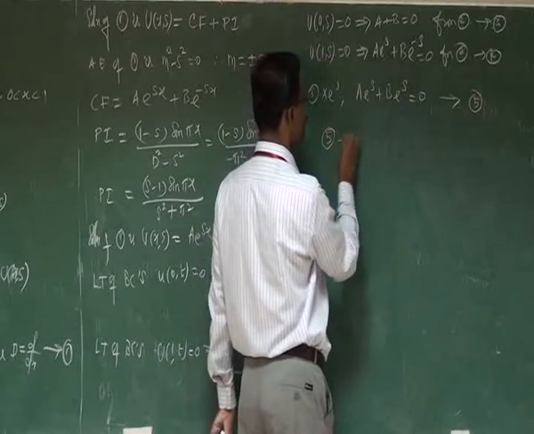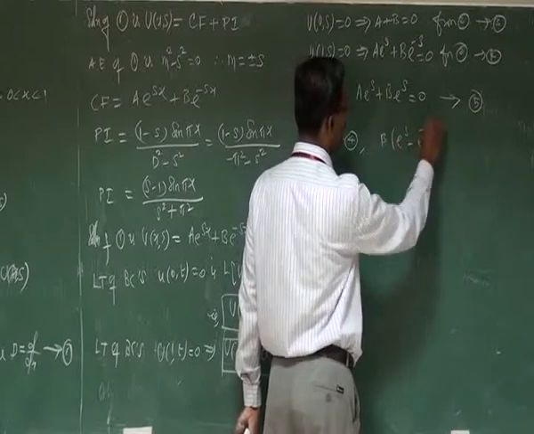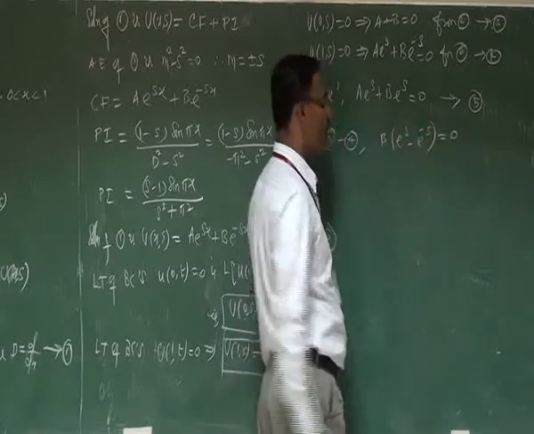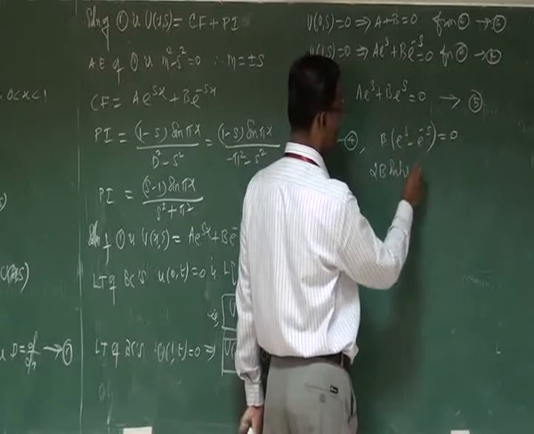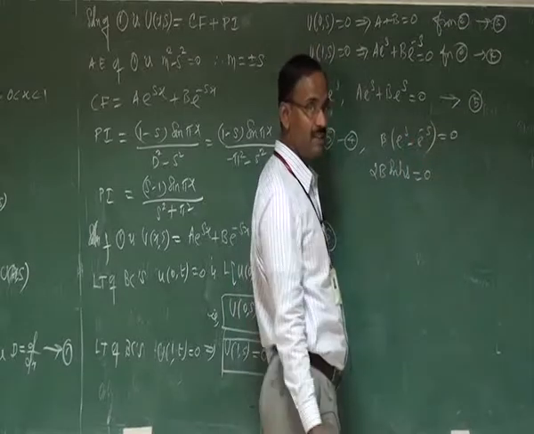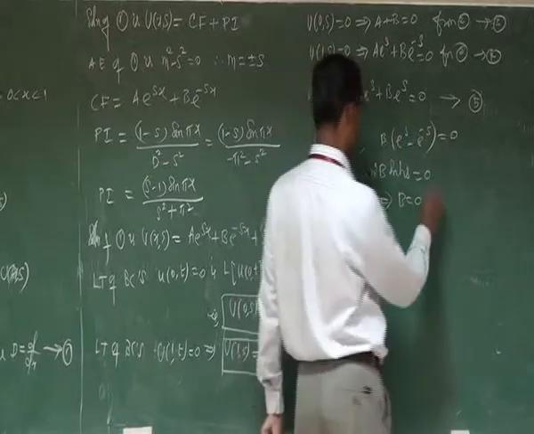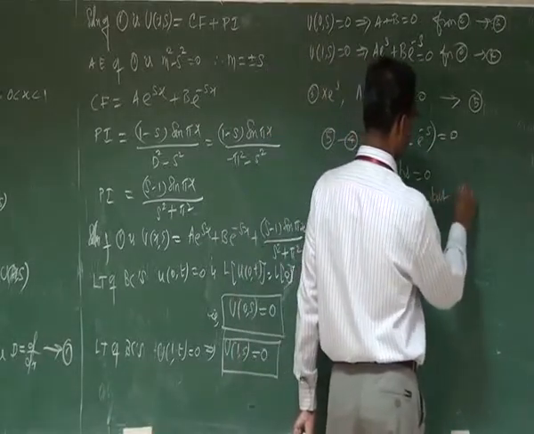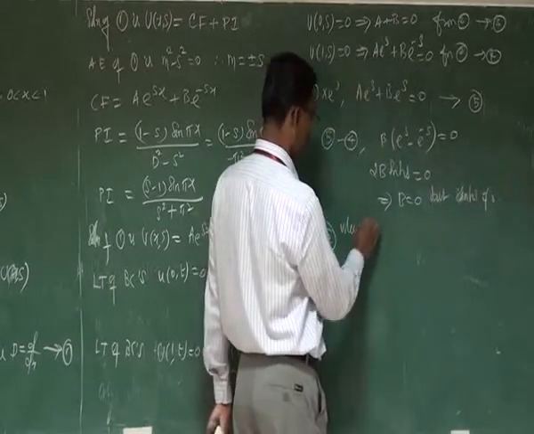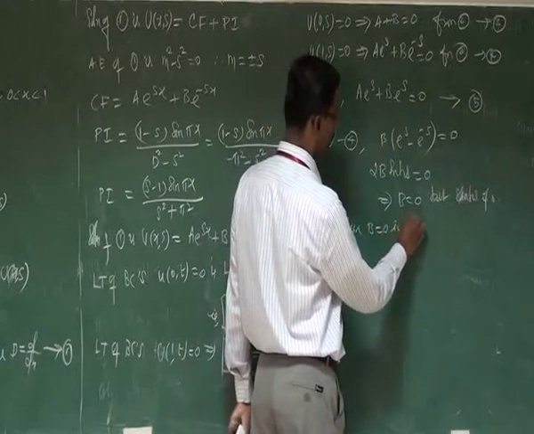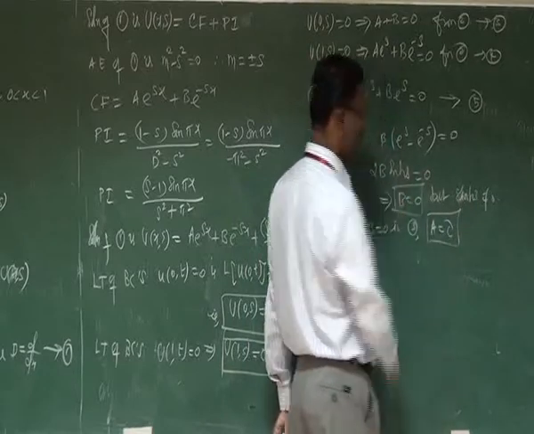So here 5 minus 4 gives b into e power s minus e power minus s is equal to 0, which implies 2 times b into sinh s equal to 0. Sinh s equal to 0 would imply b is equal to 0, but sinh s is not equal to 0. So b equal to 0, and in equation number 3 here we get a is equal to 0.